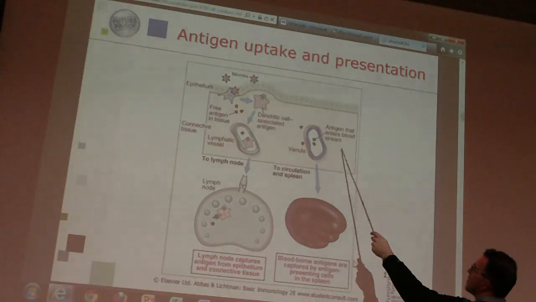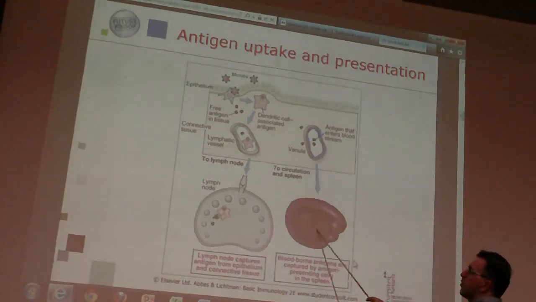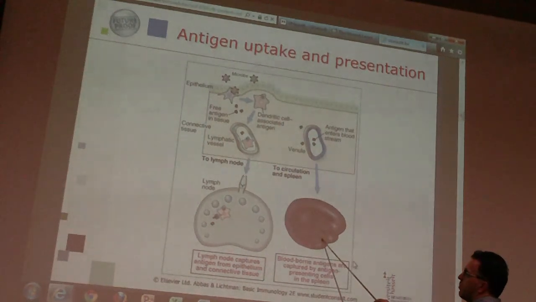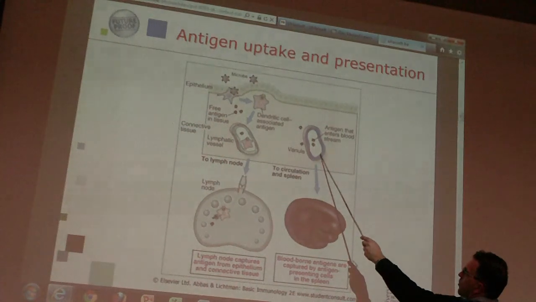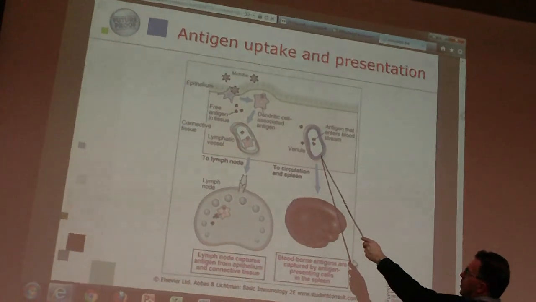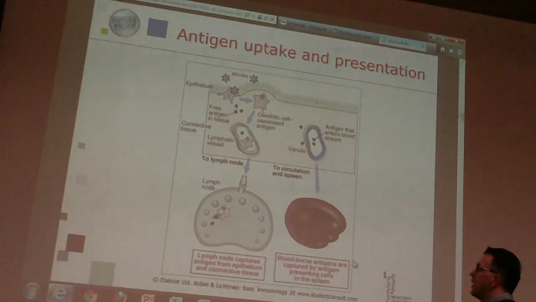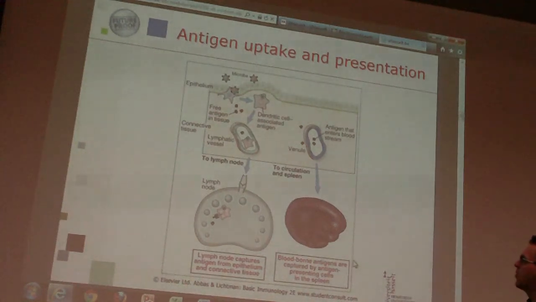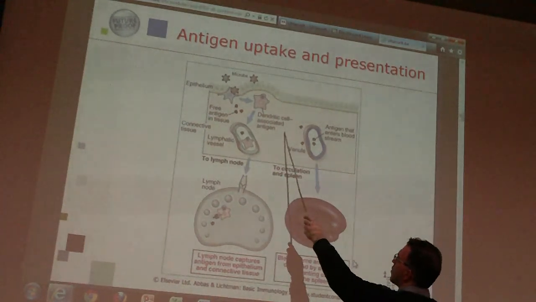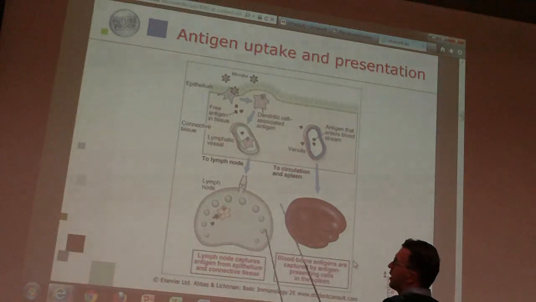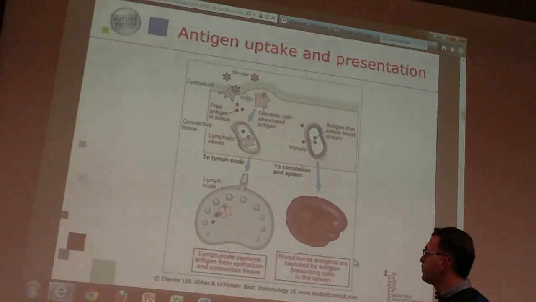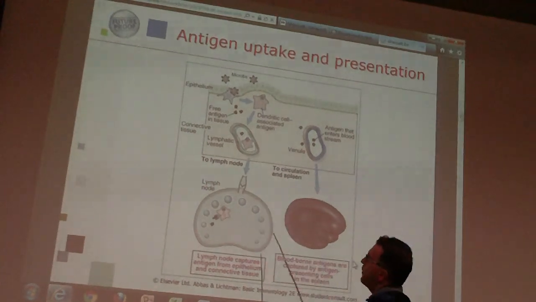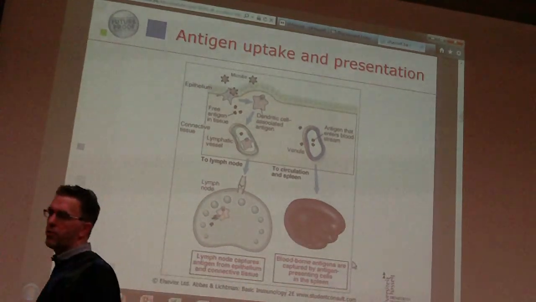If you have antigens in your blood, they can also be filtered in your spleen. So maybe you should know that blood-borne microorganisms will be leading to activation of T cells in your spleen, while those that are in your tissue will go through your lymphatic vessels and go into your lymph nodes. So this is the first step, antigen uptake and presentation.